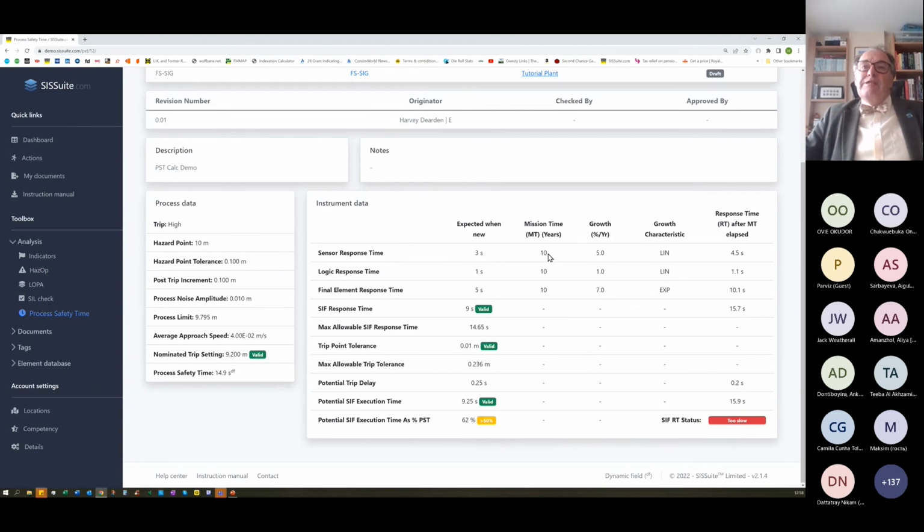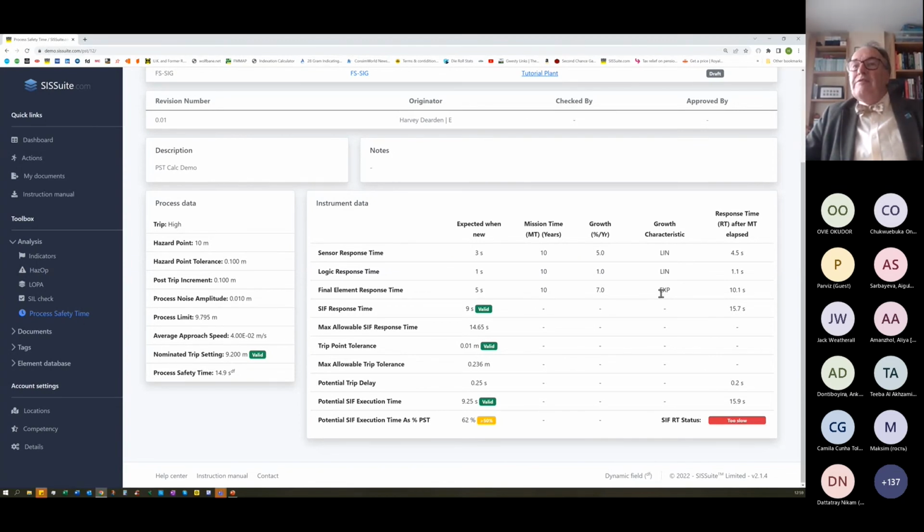Here I've specified the mission time for the subsystems, all declared to be 10 years, and have identified growth rates for each of these subsystems. And we can also specify whether that growth characteristic is linear with time or exponential. And in this particular example, I've used 7% exponential for the final element. 7% exponential across 10 years represents a doubling of the response time in that period.